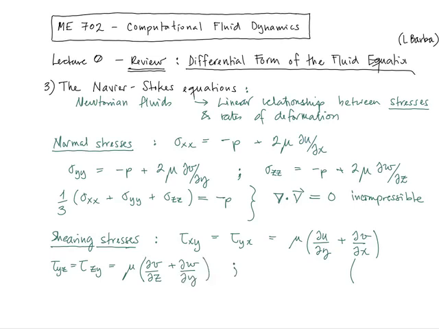And finally we have the third equation for the shearing stresses, tau zx is equal to tau xz and is equal to mu times dw dx plus du dz. So here we have our 3 shearing stresses.